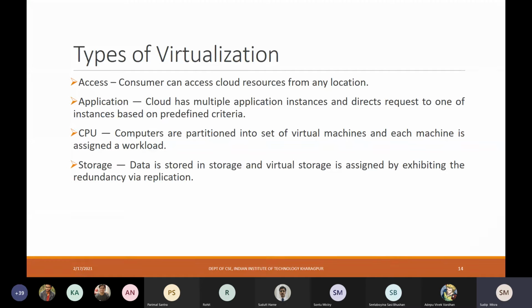So virtualization is very important, and this concept became so important. Previously, when we were students, cloud computing was not there. There was only the concept of something called virtual terminals.